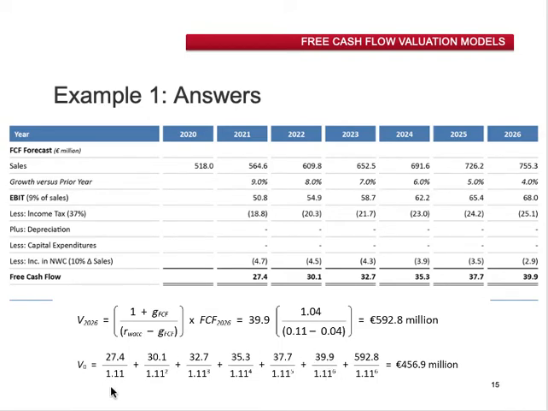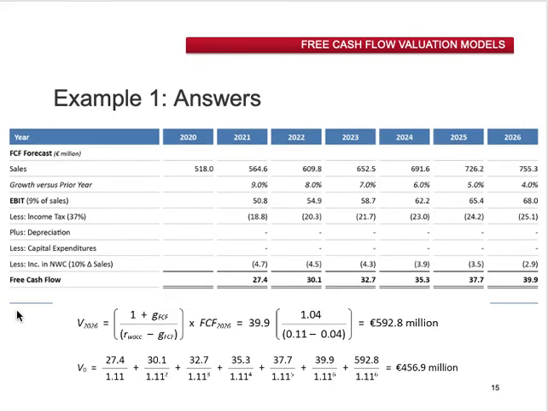So if you add all this up, you actually have the first building block of your enterprise value. Then in the second building block, we are going to compute the terminal value of all the cash flows in 2027 and beyond. Well, the 2027 cash flow equals the 2026 cash flow.